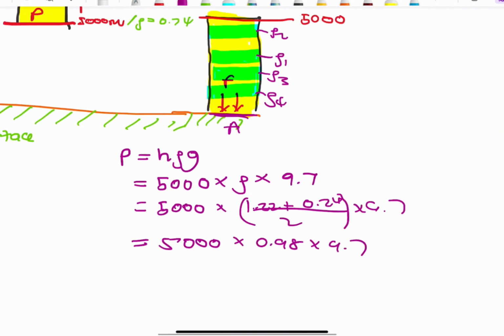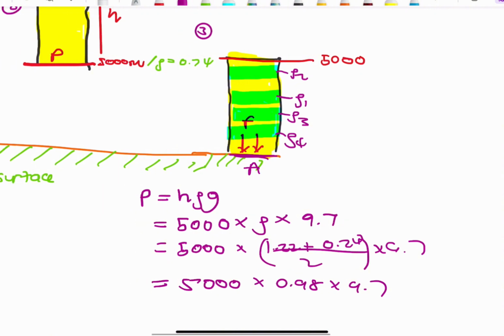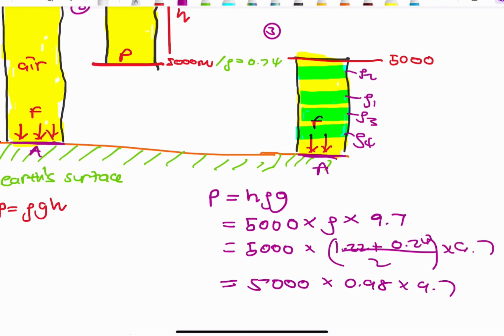Get this, that's why I found the average. It basically means that 0.98 is the average density of the air that I expect to find, because I took 2 points. If I knew more points, I would add up all those points and divide by how many points I have. That would be more accurate actually. But since I'm given 2 points, I use the average density, because any thick column of air that you take will have a different density.